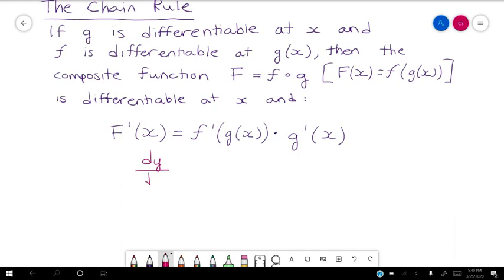So dy/dx, the derivative of y with respect to x, we would take the derivative of the outside function with respect to u, and then the derivative of the inside function with respect to x. All right, and we'll see some examples using both definitions.